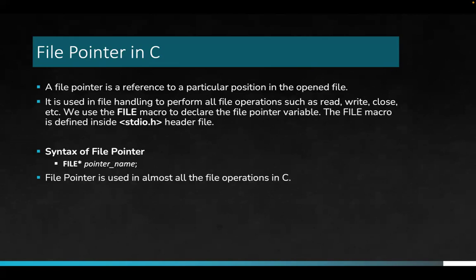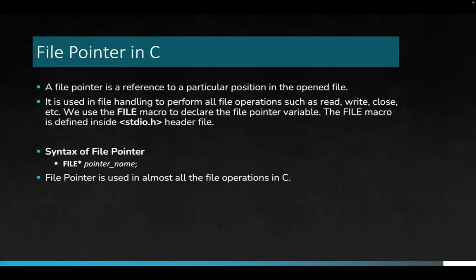It is used to perform all the file operations, like read, write, close, move, wherever it is needed. So how do these functions get accessed in your active file? You have to use the stdio.h header file.